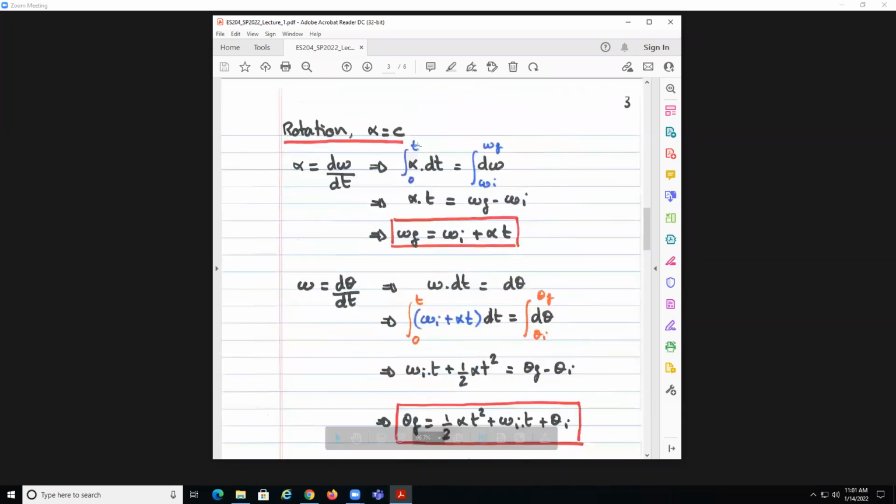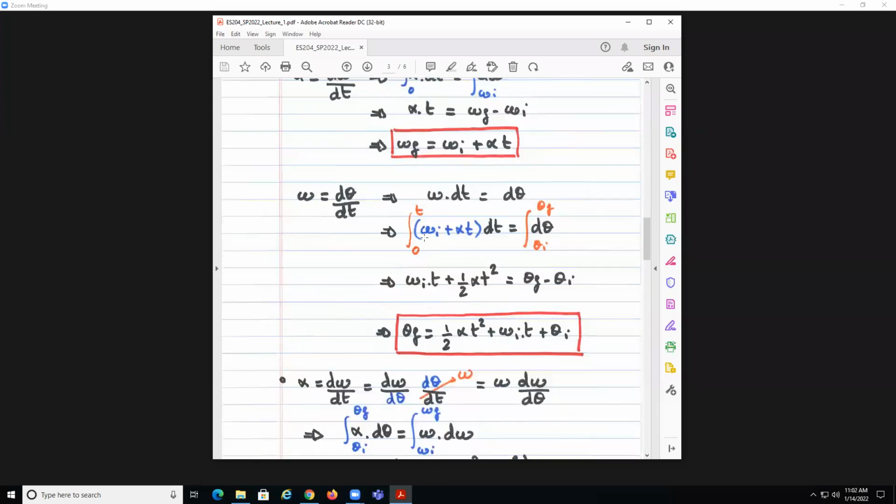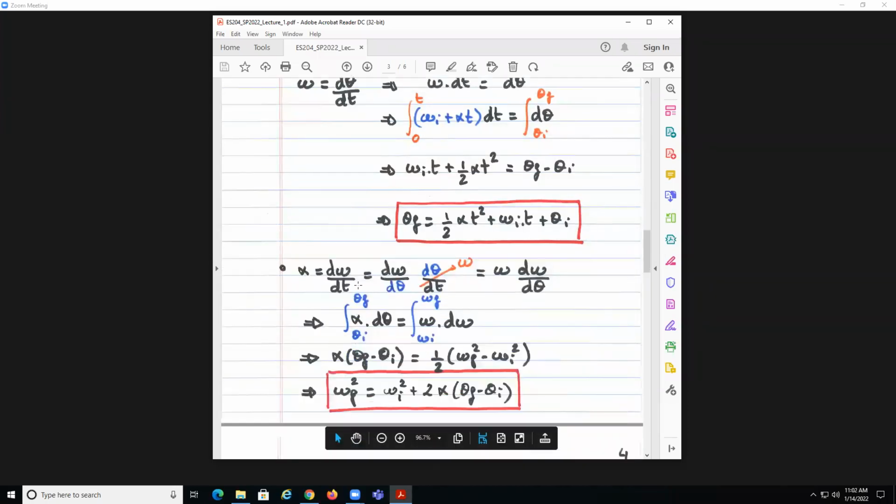Okay, here's exactly the same procedure again for the rotation, but again, you see, first step, write down the kinematic equation. 2, separation of variables. 3, integrate. 4, we solve for whatever we need. And here we do the same thing. Chain rule again for the angular acceleration would be the same thing, but we use here omega, which is the angular velocity.